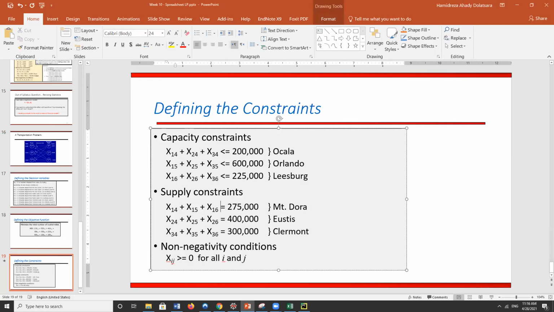So there is no one right way to define all the constraints. It just depends on the nature of your problem. In your homework or final exam, if I don't specify the policy, you are flexible in terms of policy, maybe change it to less or equal, both of them should be fine. But if I mention that everything should be sent out here, you should make the equation sign equal.